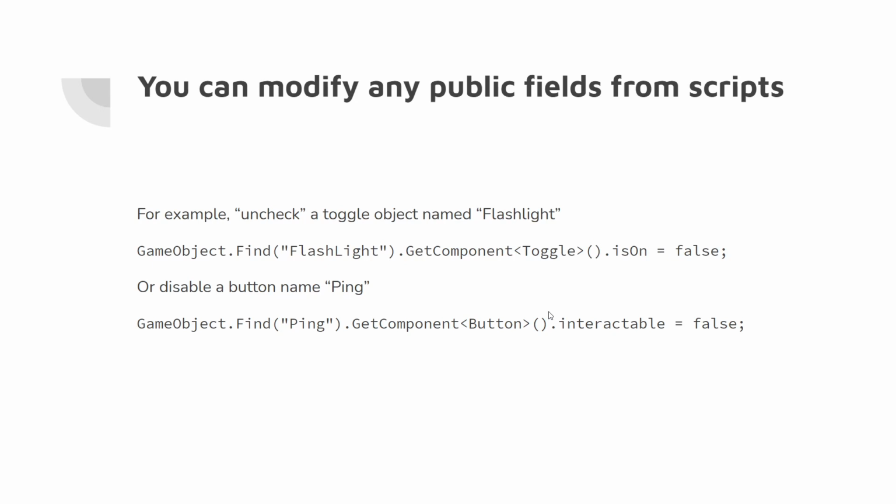Now, remember our checkbox, our toggle. There are other things other than just the text. Maybe you want to set the toggle to something, right? You don't want to just let the user click on it. Because you might say, well, okay, the user tried to click on turning on the flashlight, but the battery's dead. It's not good enough to just let the user click on that field and say, yeah, I can turn the flashlight on all the time.